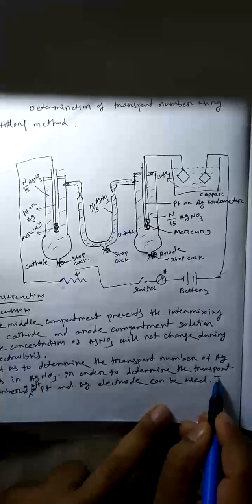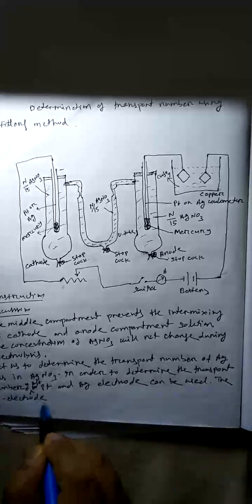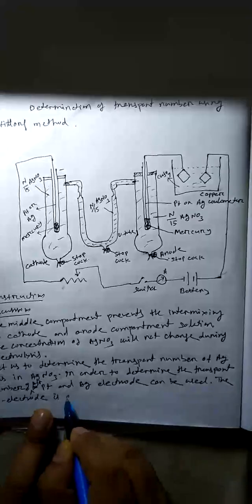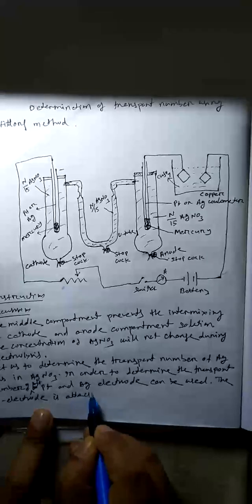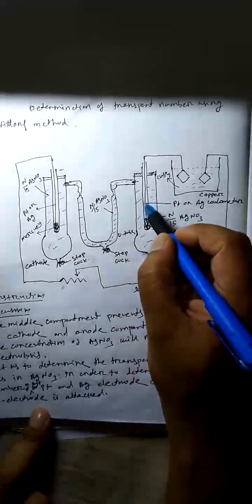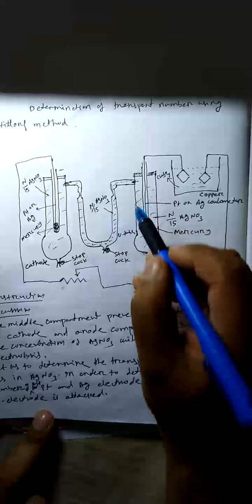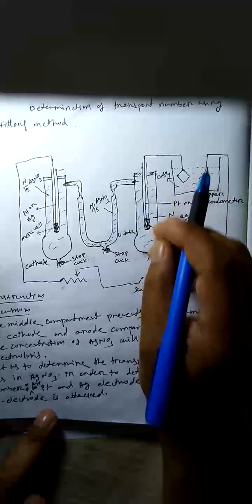The platinum electrode is not attacked. Attacked means, suppose you take a platinum electrode, then no material is deposited on the platinum, because platinum is a neutral electrode.